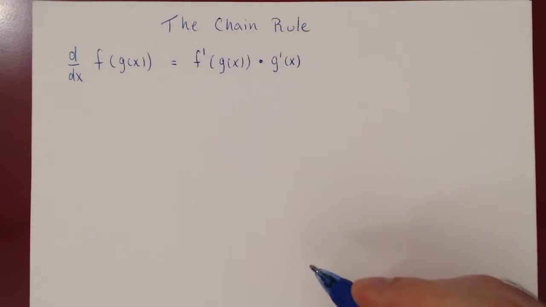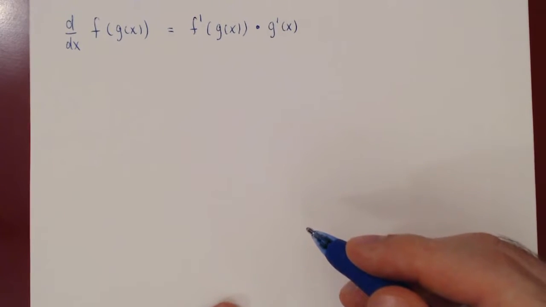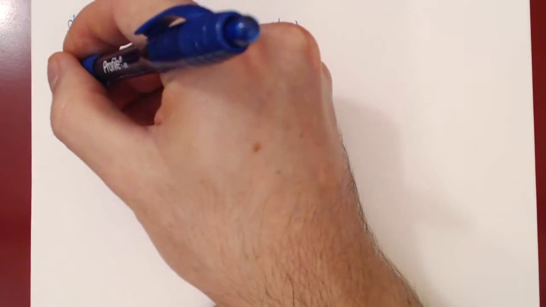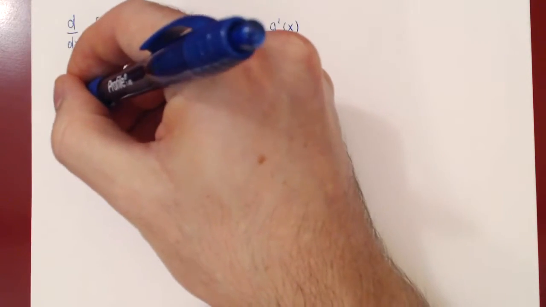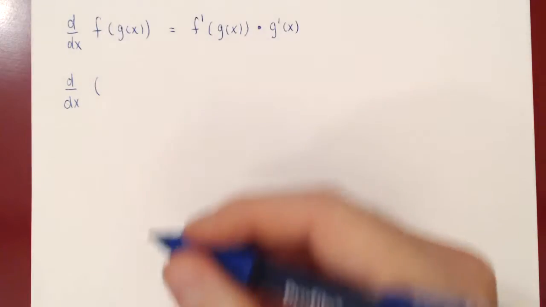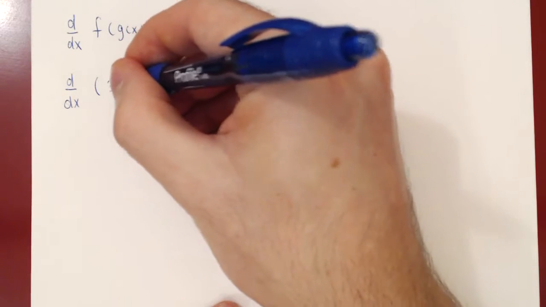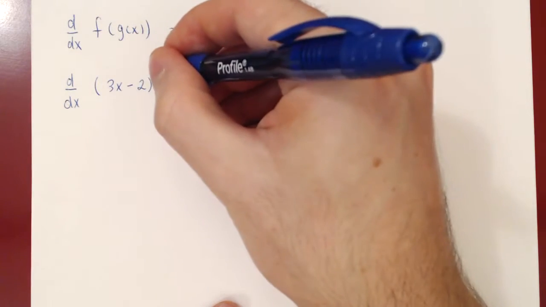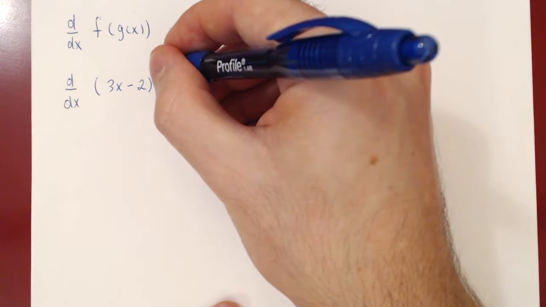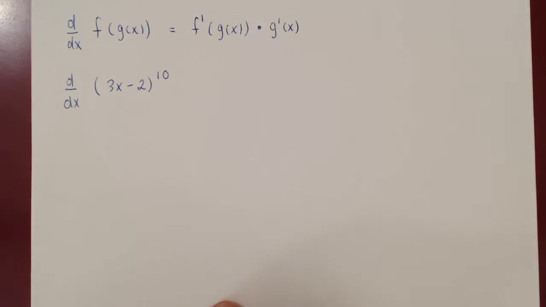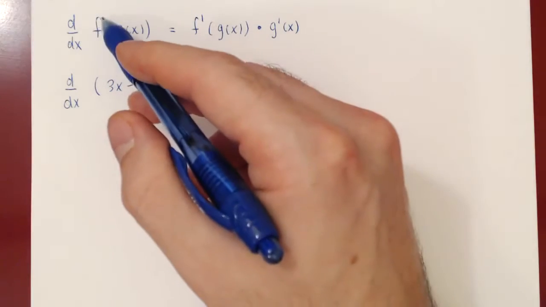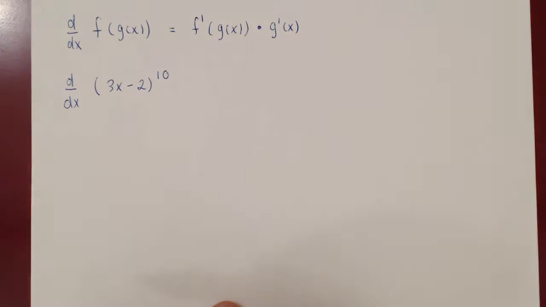Let's do an example. What if we ask for the derivative with respect to x of the function, say, 3x minus 2 to the power of 10? Now the question is, what's f, what's g? Always think of f as being the outside function.